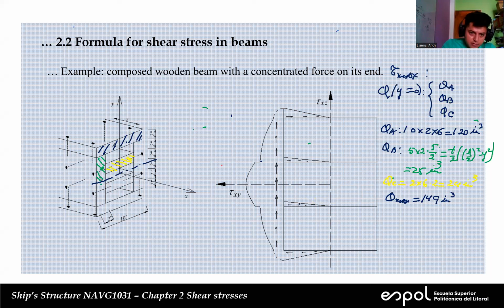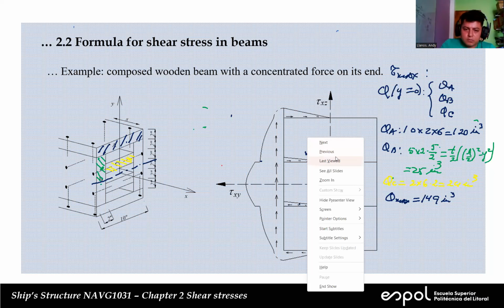In the Q of A, why is the 6? For me, it is 5. No. The area in yellow, the total width is 10, but you have 2 on the left and 2 on the right from the webs.